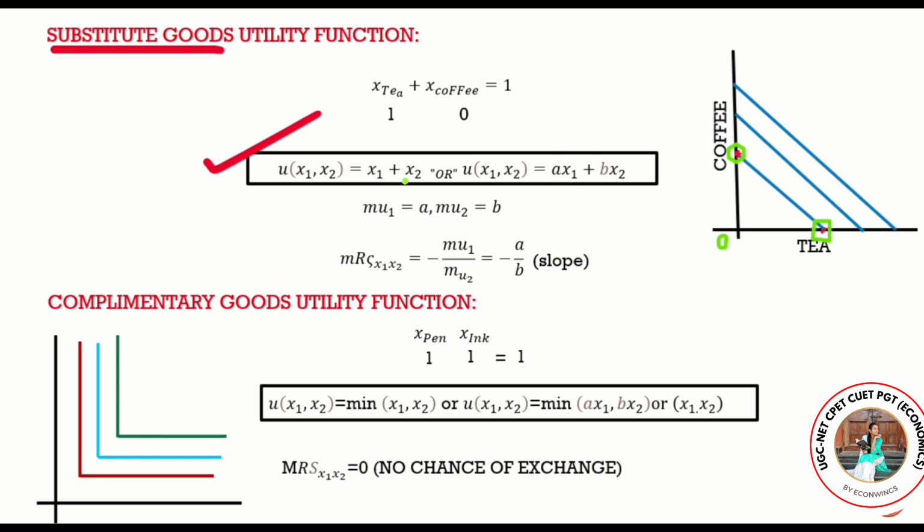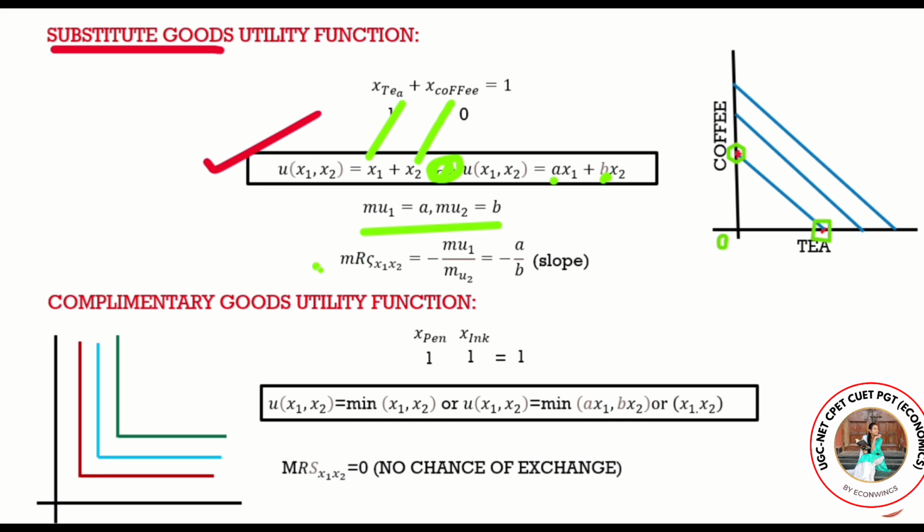So x1 plus x2 is the substitute goods utility function, or we can rewrite it as U(x1, x2) = a x1 + b x2. Here a and b are the marginal utilities that a consumer gains by consuming an additional unit of tea or coffee. So the marginal utility of tea is a and the marginal utility of coffee is b.